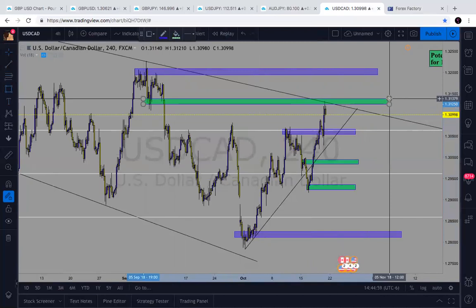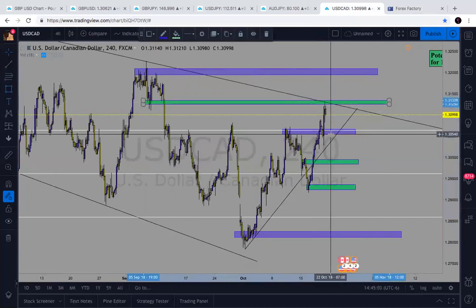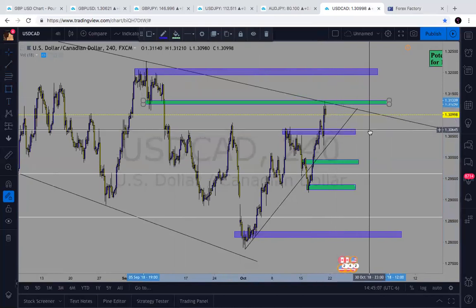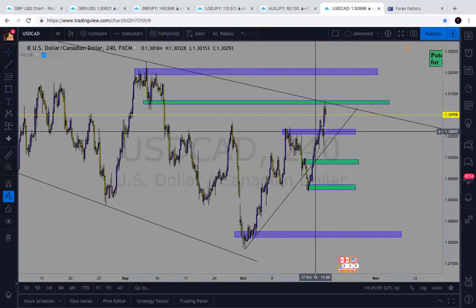On USDCAD, we've already met this little minor zone. We're getting a little bit of a rejection off of it. So we may see a retest of the, hold on, let me erase these fibs.